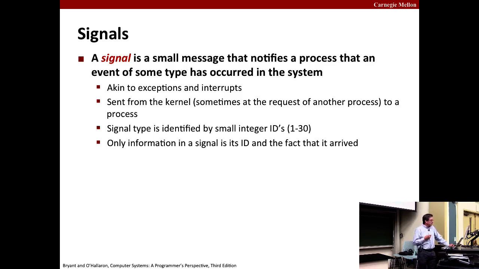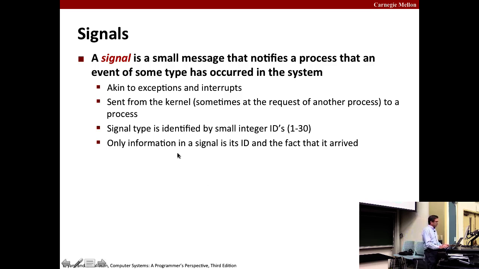Now, this is very similar to the exceptions that we studied the last time, right? Except it's all implemented in software. Now, kernel signals are always sent from the kernel, but sometimes they're sent at the request of another process. Sometimes the kernel will notice that there's some event. Other times, another process will ask the kernel to send a message to some other process.